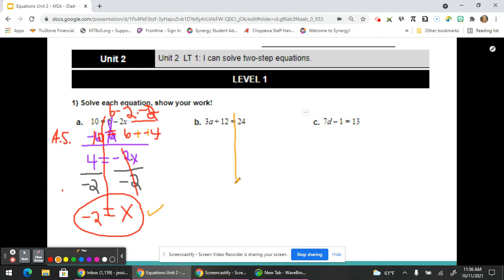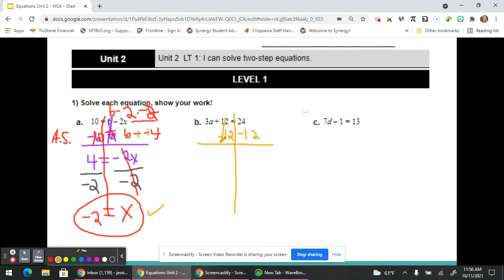Find your equal sign. 3 times A plus 12 equals 24. I know my first step. I'm going to reverse PEMDAS, subtract 12 on the left, subtract 12 on the right. Draw your teeter-totter.